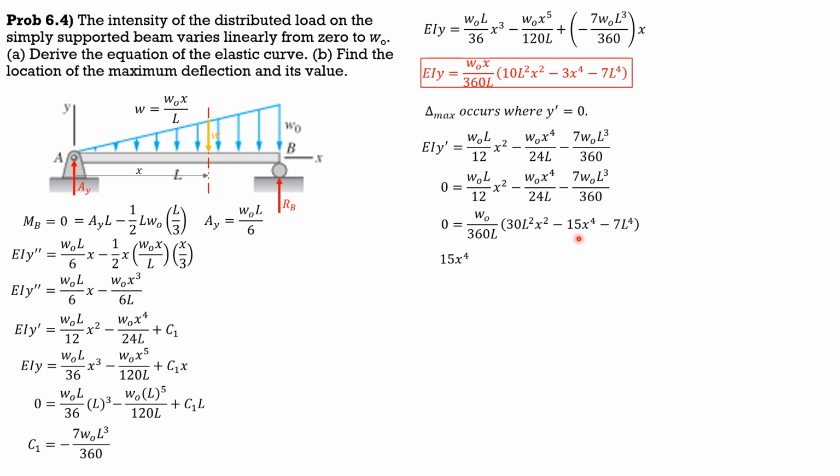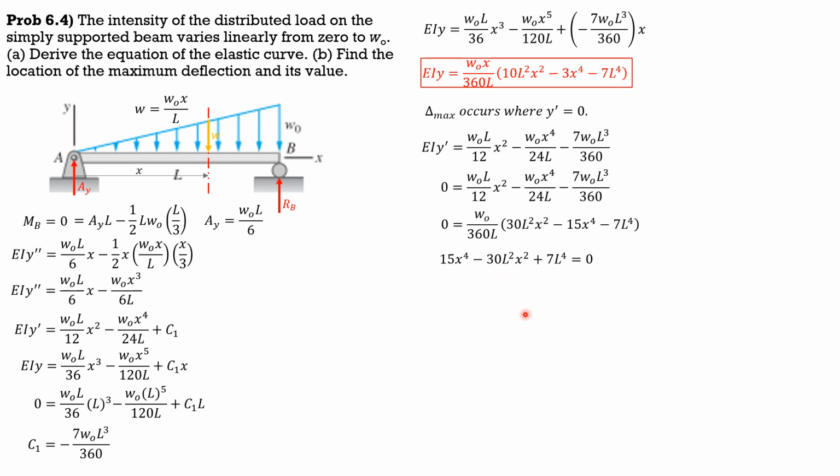So 15x to the fourth minus 30L squared x squared plus 7L to the fourth equals 0. So our variable is x squared. Then our a in the quadratic formula is 15. Our b is negative 30L squared and c is 7L to the fourth.